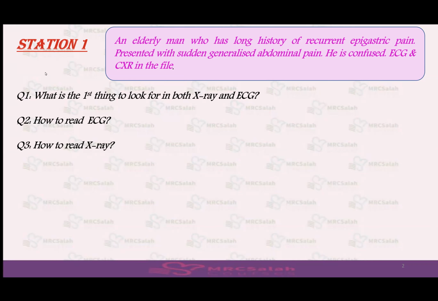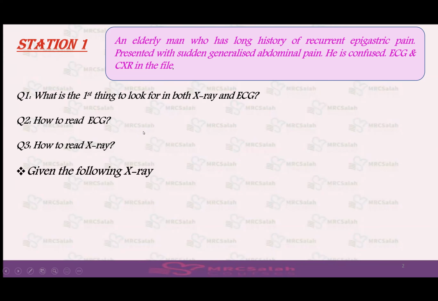And then the heart size, shape, and position, and also the diaphragm, both costophrenic angles and the level of the diaphragm, and other soft tissue and bones. And also whether the X-ray is adequate or not. You have to comment on the trachea, whether it is central or not, and the vessels for sure.